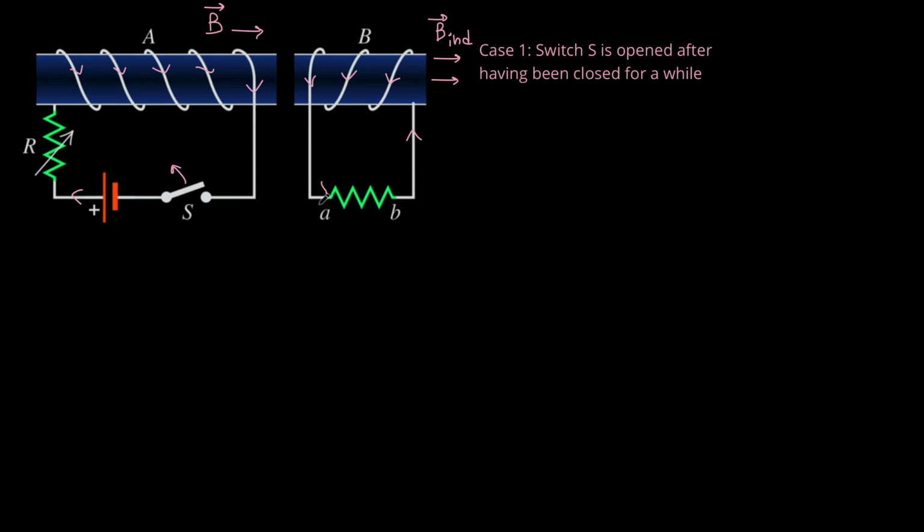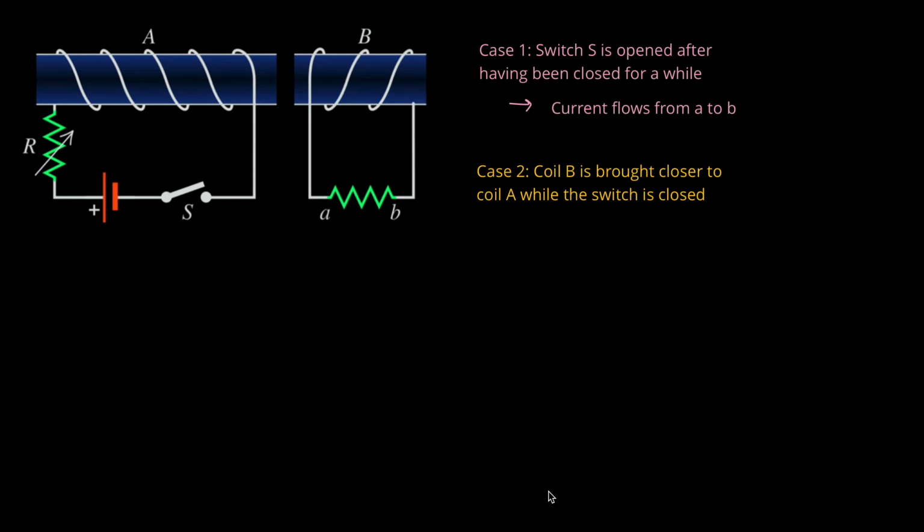It should be pointing from left to right, based on the direction of the current in the coil. So if we open the switch after it was closed for a while, there will be an induced current in the circuit on the right hand side, and the direction of the current on the resistor AB will be from left to right.